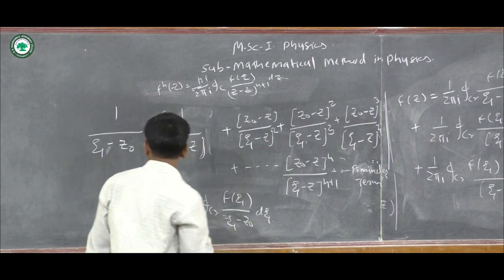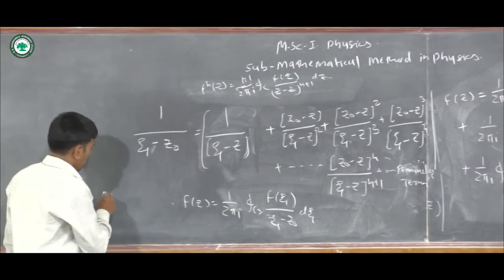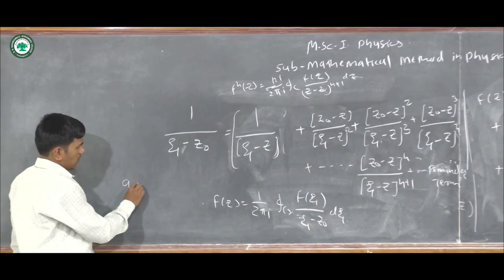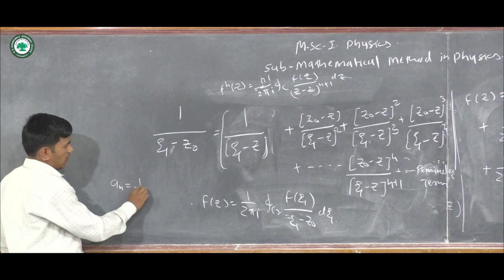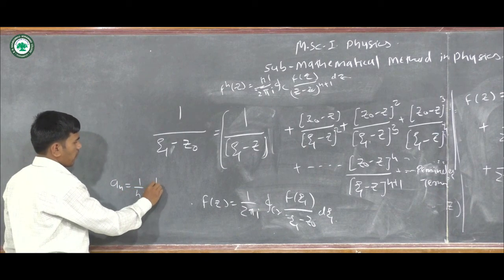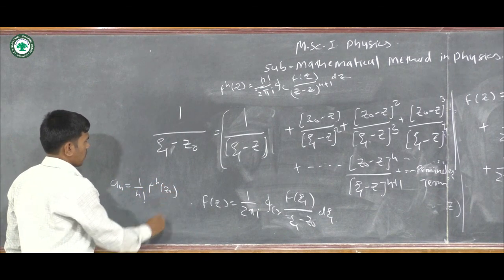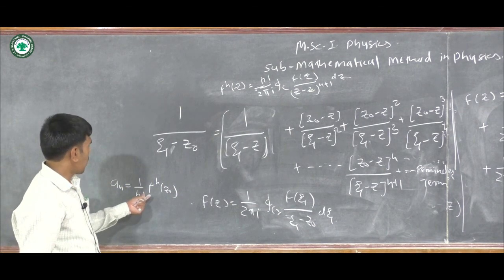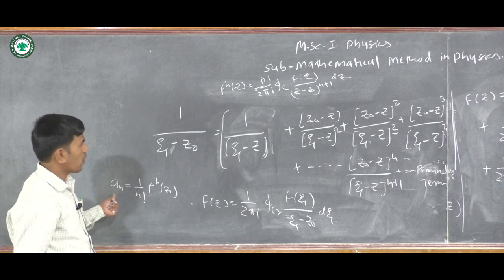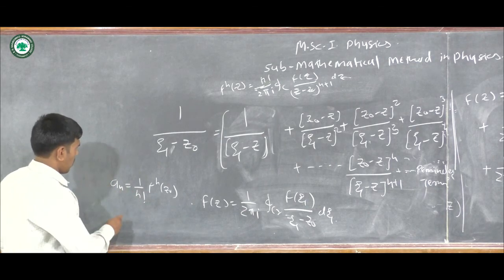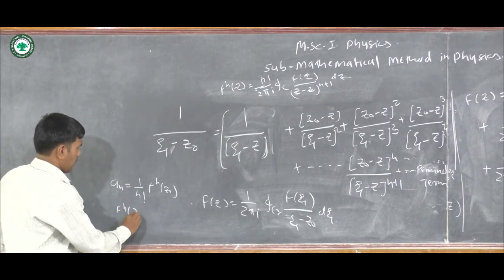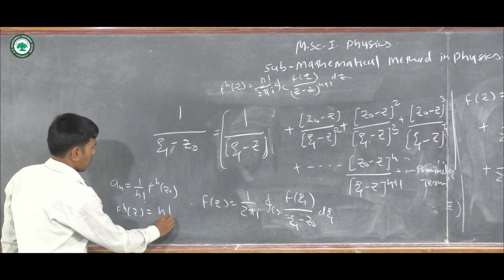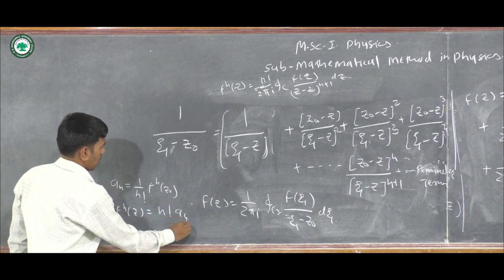One expression I already wrote, that is a n is equal to 1 by n factorial f n of z0. From this we can write f of z is equal to n factorial by n. So f n of z is equal to n factorial into n, like this.